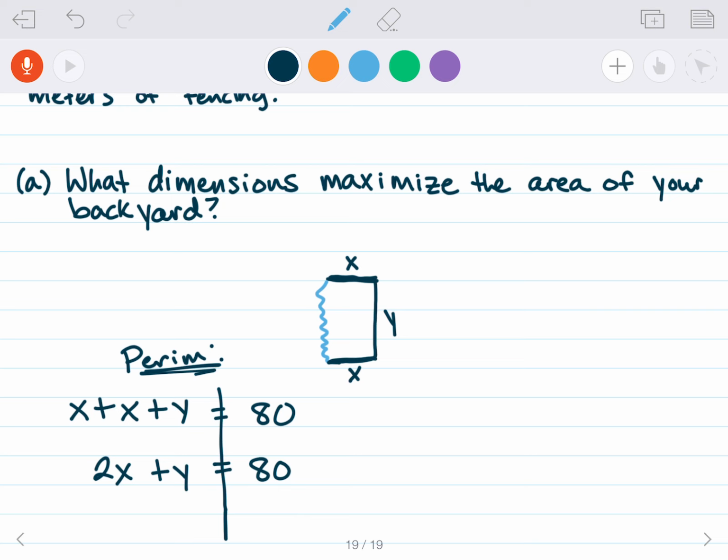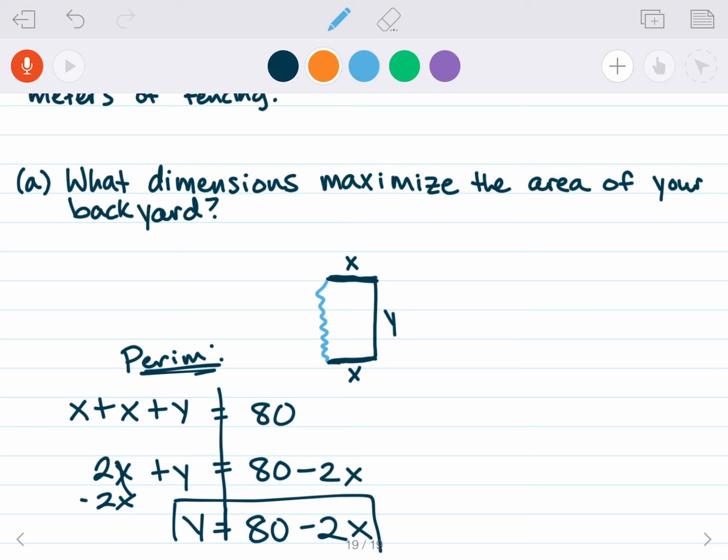And so I set up an equation using that information. If I subtract 2x from both sides right here, I get that y is equal to 80 minus 2x. So I'm going to keep that information in the back of my pocket because I still don't know what x and y are. All right.